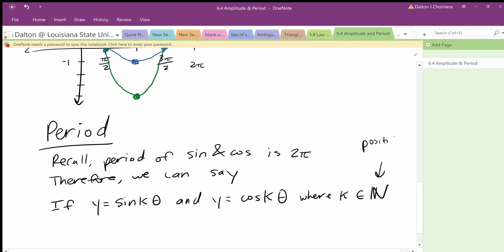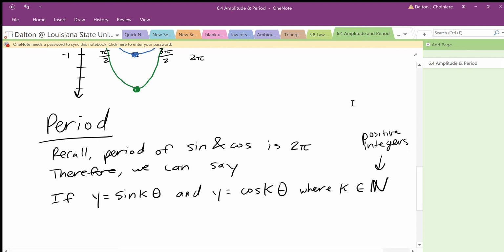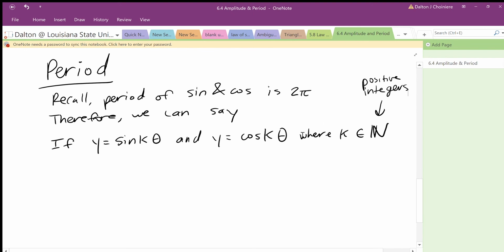Positive integers. So just saying it has to be a positive number. So the only difference between this and our regular parent function is this variable here, k, that's going to be in front of theta.